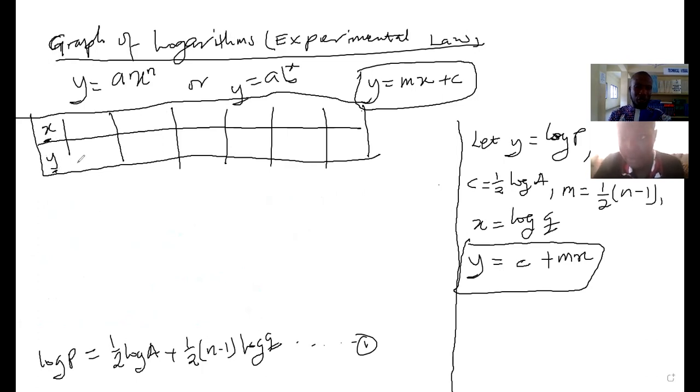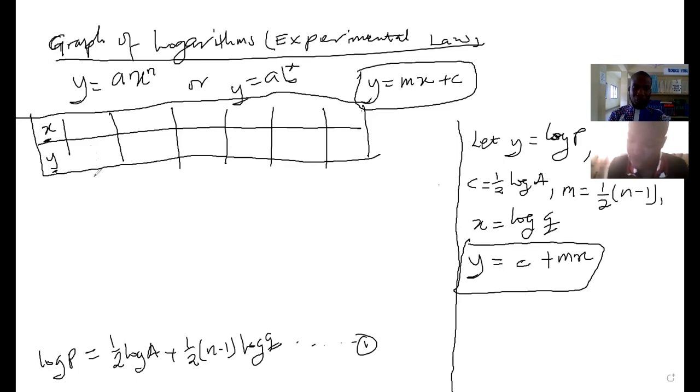So what are your x values? The first one is 0.10. The first one, are you sure? For the new linear table, the table for the linear equation.